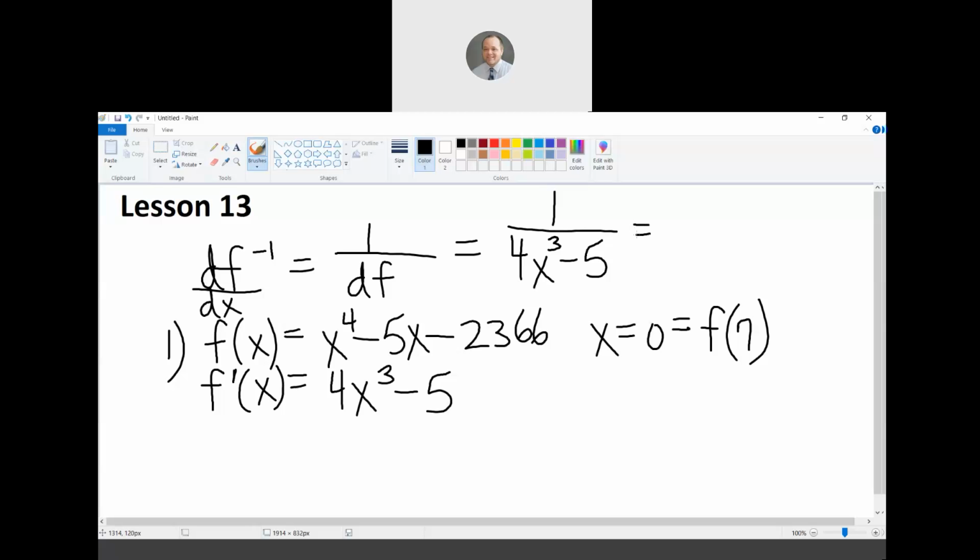Now we need to find f of 7. So quite simply, where you see an x in your derivative inverse, you plug in 7. So we have 1 over 4 times 7 cubed minus 5.